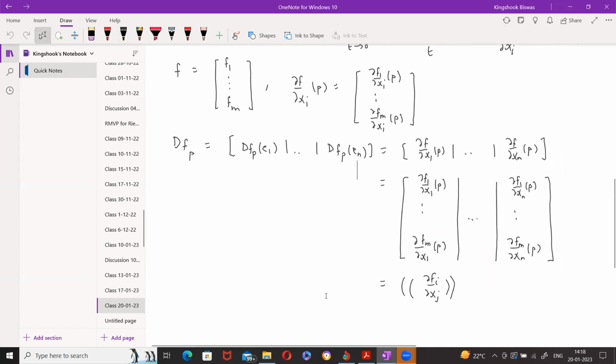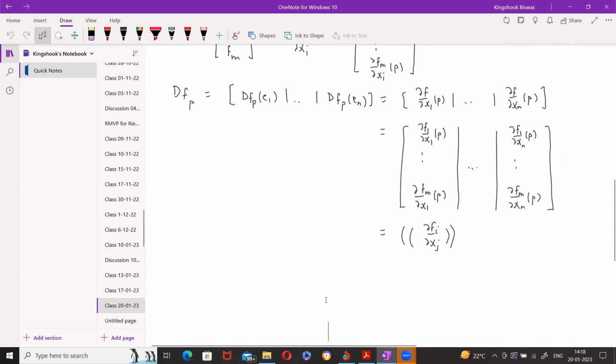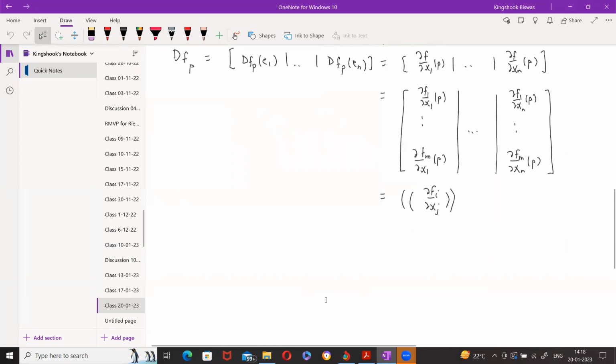But we gave an abstract definition of the derivative for maps between normed vector spaces without any coordinates, and that actually is often very useful. Let me give you an example. Remember, we defined the operator norm: if A is a linear map from E to F, then the operator norm is the sup over norm x equal to 1 of norm Ax.